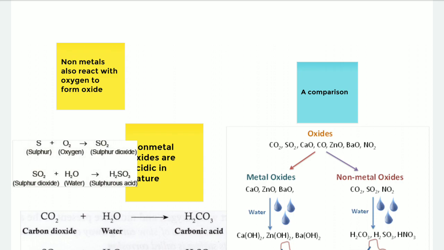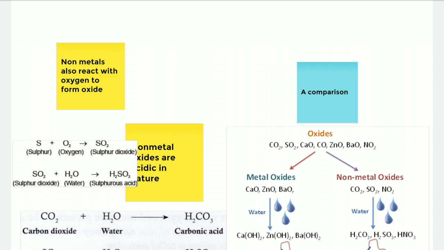What will be the reaction of sulfur dioxide with water? Unlike metal oxide, non-metal oxide on reaction with water gives an acid. SO2 plus H2O will give H2SO3. Hence, we can say that non-metal oxides are acidic in nature.